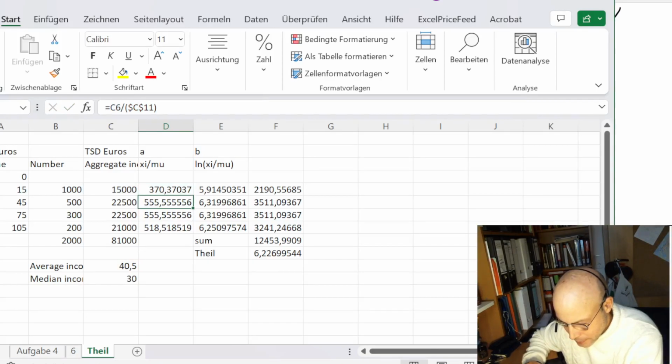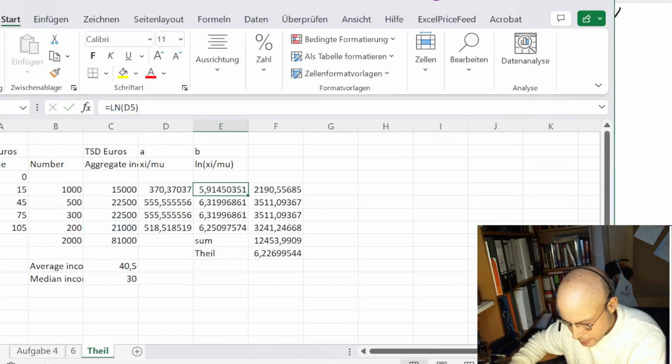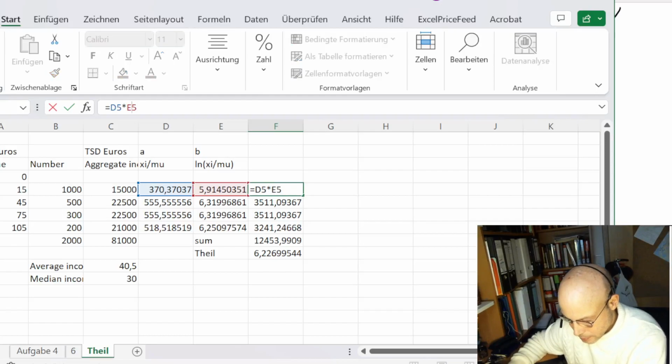And this also, and this is also okay. The ln is okay, and this is also okay. So my summation should be correct.